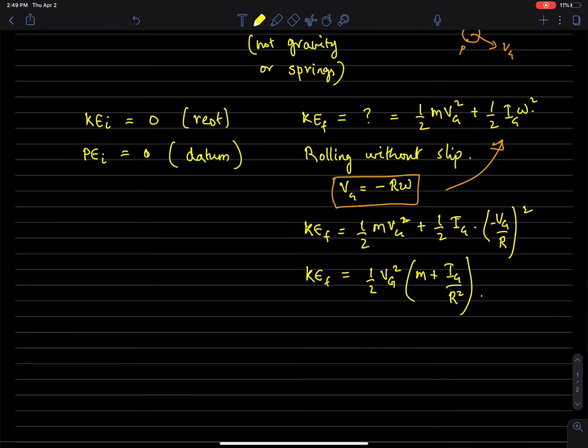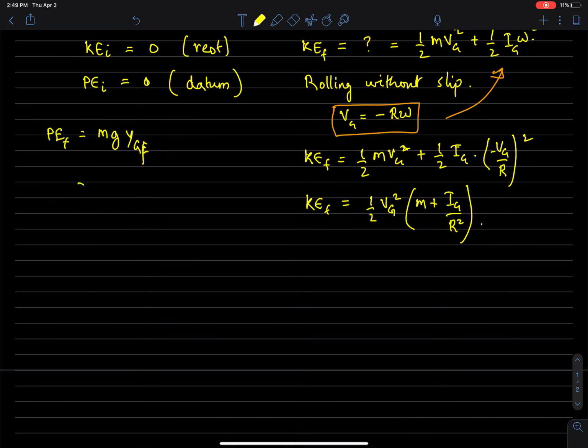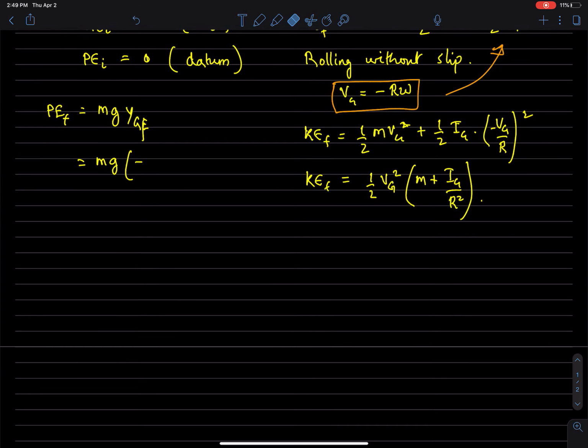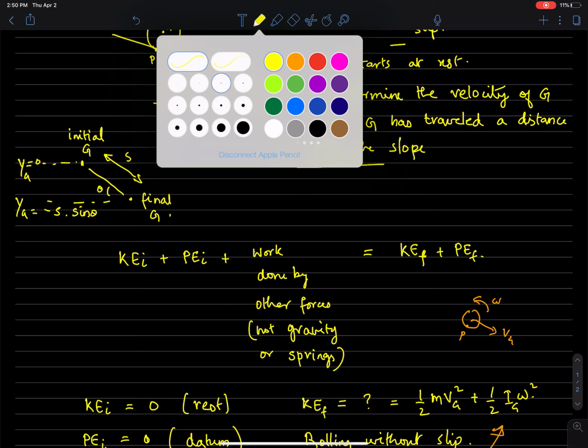So what do we have so far? We have KE initial, PE initial, KE final. What is PE final? PE final is mg times the value of y final. So that's going to be mg times minus s sine theta, where that's this distance.